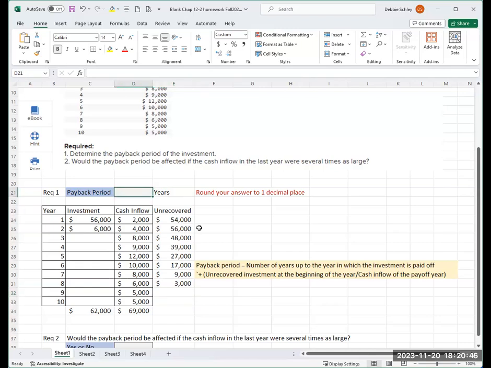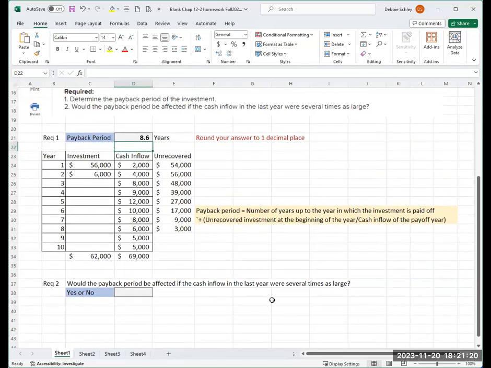And so in my payback period, I'm going to go equals 8 years plus parentheses, the unrecovered divided by the payoff year's cash inflow, close parentheses. So for my answer, the payback period is 8.6 years. Round your answer to 1 decimal place. So even if it's 0, put 8.0, whatever it is, 1 decimal place.